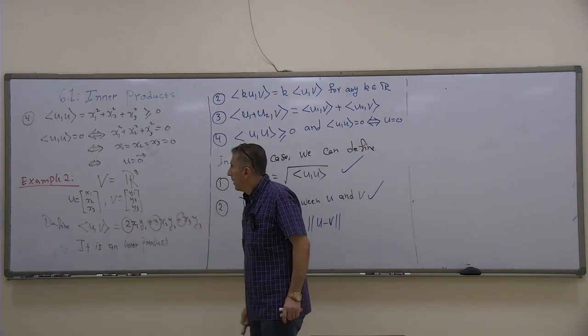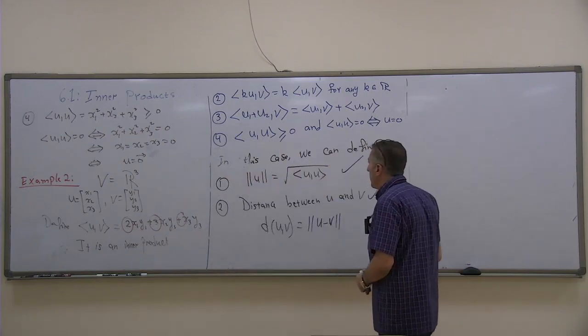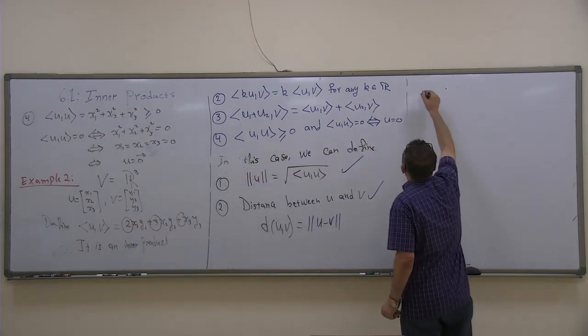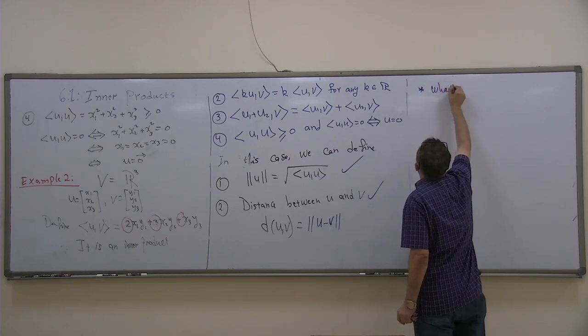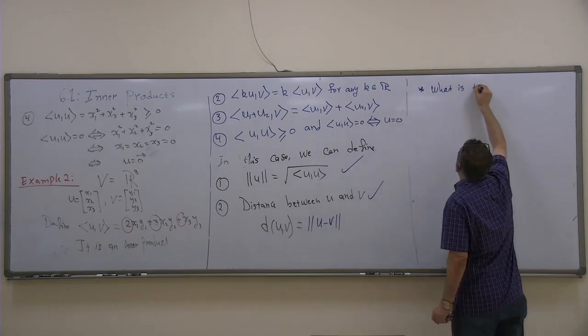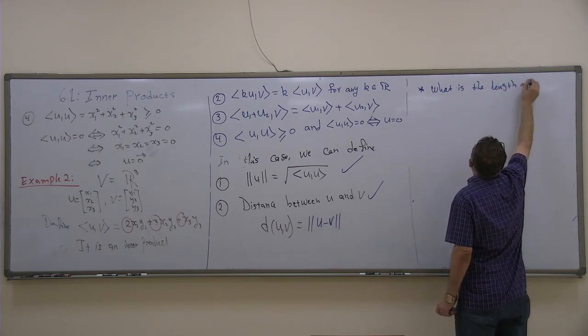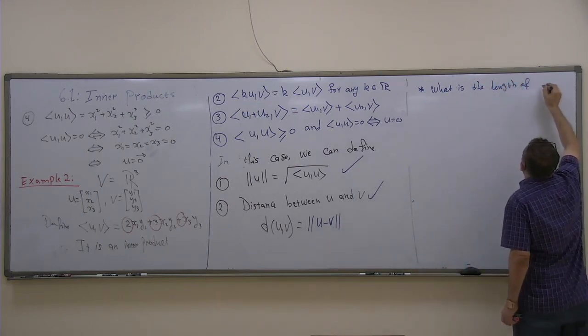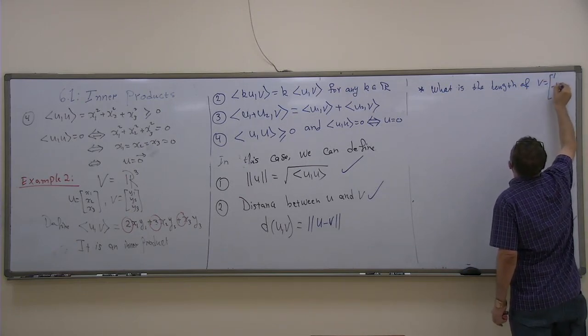In this vector space together with this inner product, what is the distance? Or what is the length of this vector? V equals, let's say, 1, -1, 0.